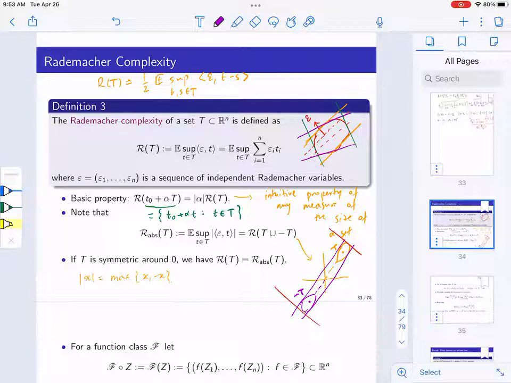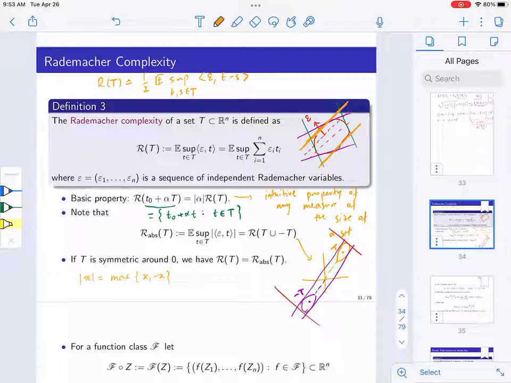Okay, so question. Yeah, if I look at this quantity, supremum of epsilon (t minus s) over t and s, this measures the width in the direction of epsilon. So you maximize epsilon t, and you minimize epsilon s, right? In this direction, the maximum achieves at that point, and the minimum achieves at this point, because in the direction of epsilon, these level sets increase.